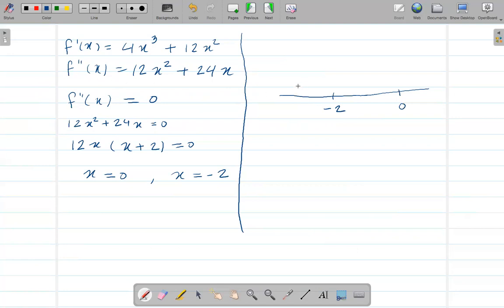So let's say I pick -1, then plug that into f double prime, which is 12 times -1 squared plus 24 times -1. So here this is 12, this is negative 24. So you'll get a negative number, negative 12. Oops, no, I picked this region. So -1 is basically for this region, sorry. So this region is going to be positive, negative.